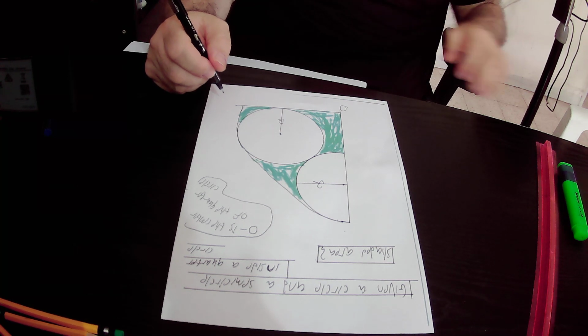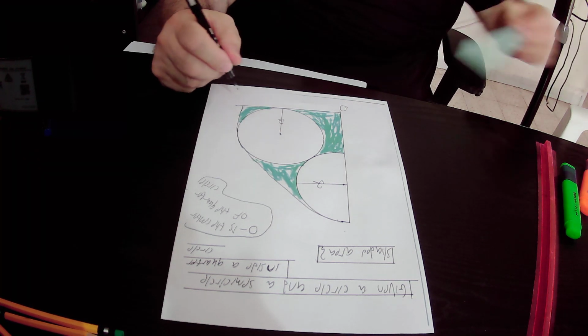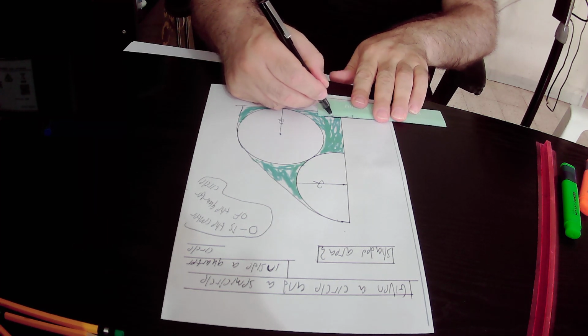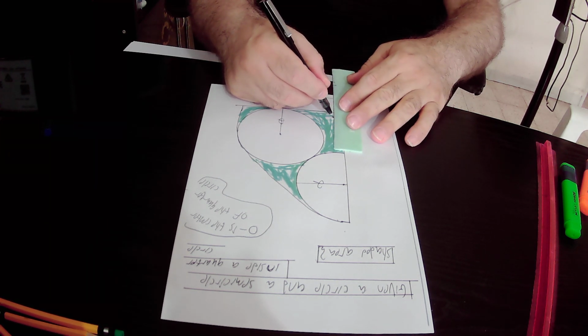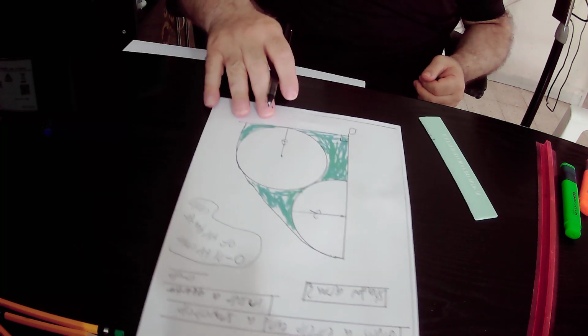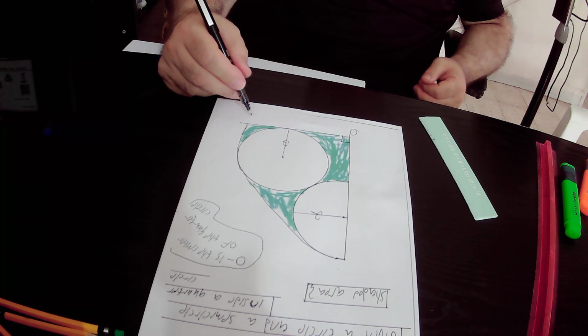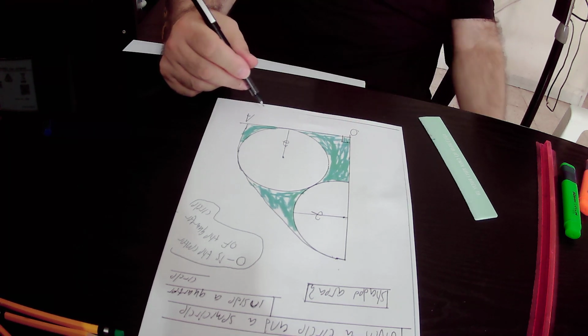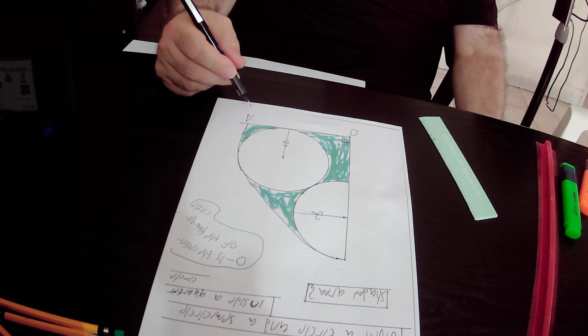And also we know that this angle must be equal to 90 degrees. It is a right angle. It is true in any quarter circle. We define this point as point A. OA is the radius of the quarter circle.